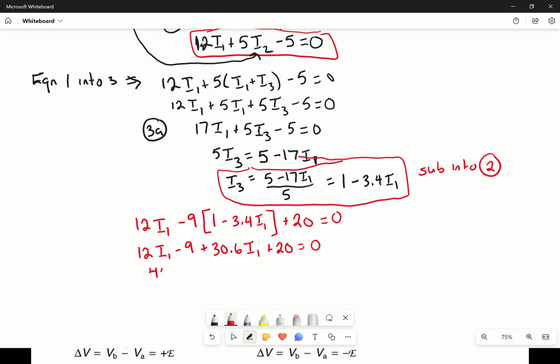So I've got 42.6 I1. And I've got minus 9 plus 20, so it's plus 11, is equal to 0. So I1, so 42.6 I1 is equal to negative 11.